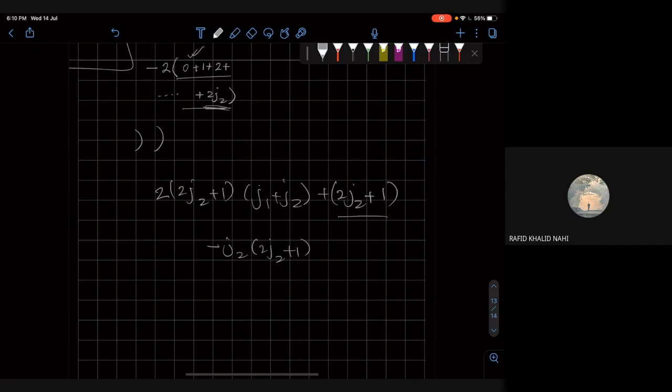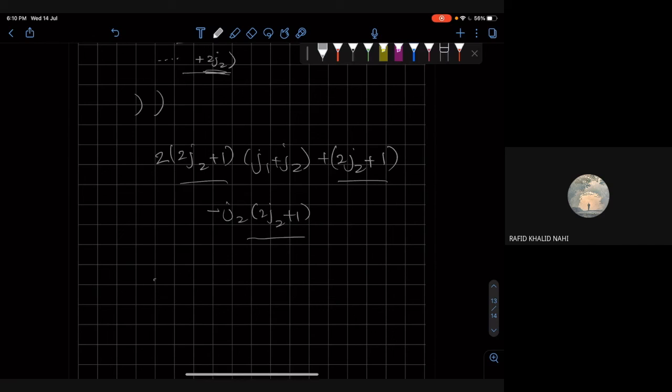So this and this we can take common, and this one too. So we get 2j2 plus 1, and then 2j1 plus 2j2 plus 1 minus j2.